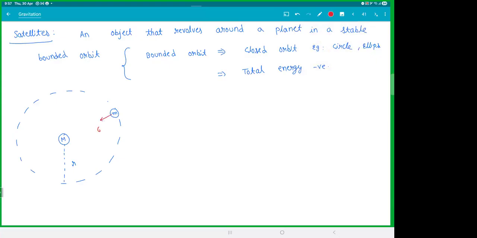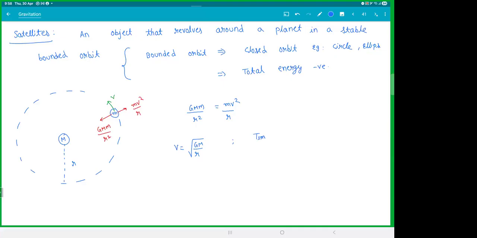The gravitational force will be GMm by r square. The centrifugal force will be mv square by r. GMm by r square must be equal to mv square by r. This will give you velocity is equal to root GM by r. So this is the speed of a satellite at a distance r from the center of the planet.